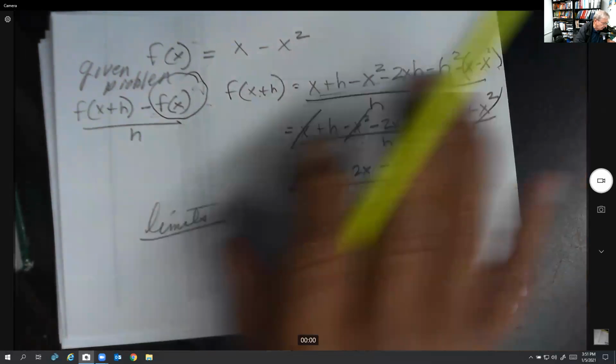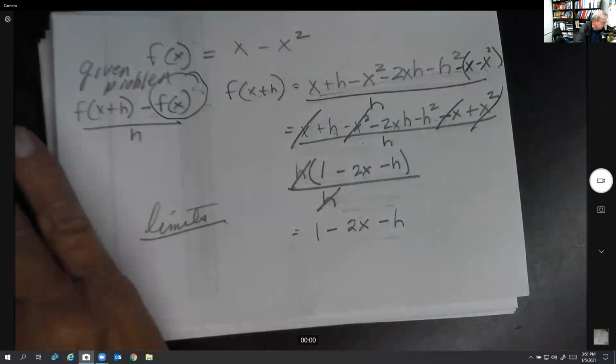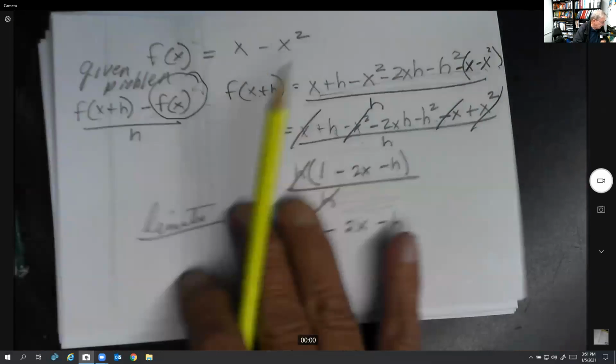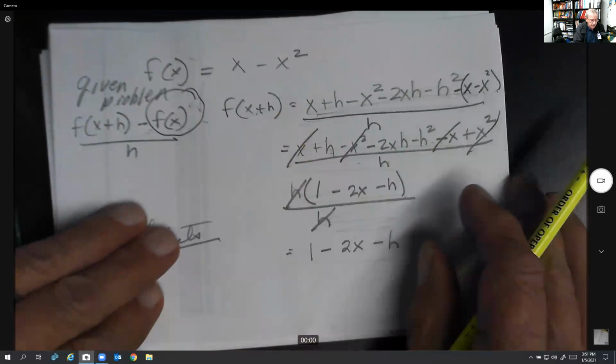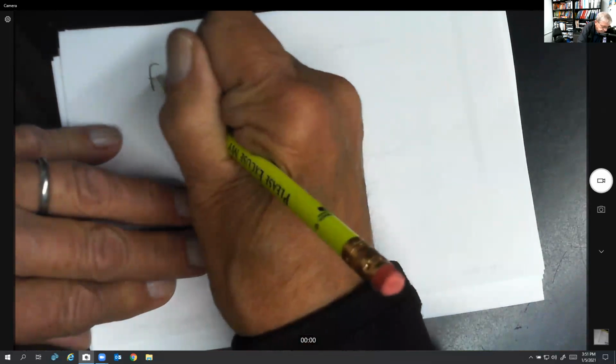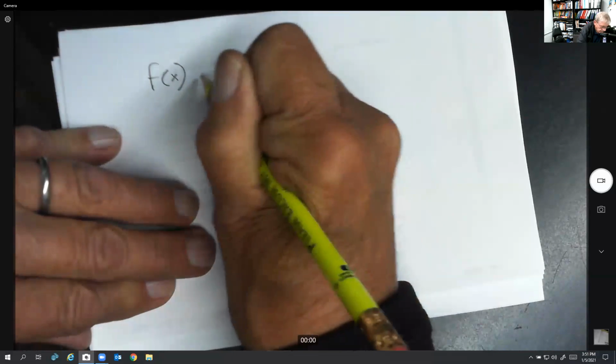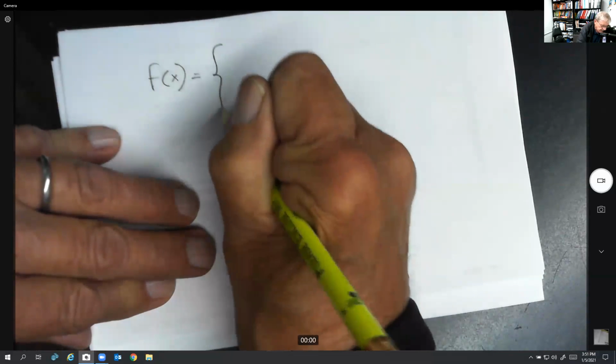Okay, we already did some graphing. I don't think we need to go over graphing again. We've already checked that out. But we are going to do another type of graph called a piecewise function. So let me show you this one. And you might remember some of these from algebra.